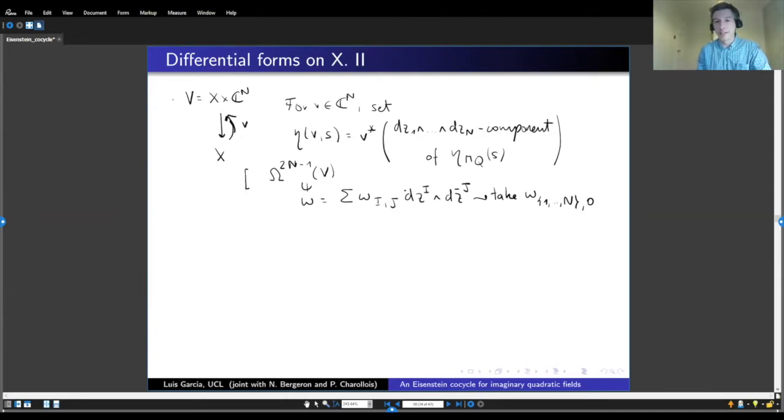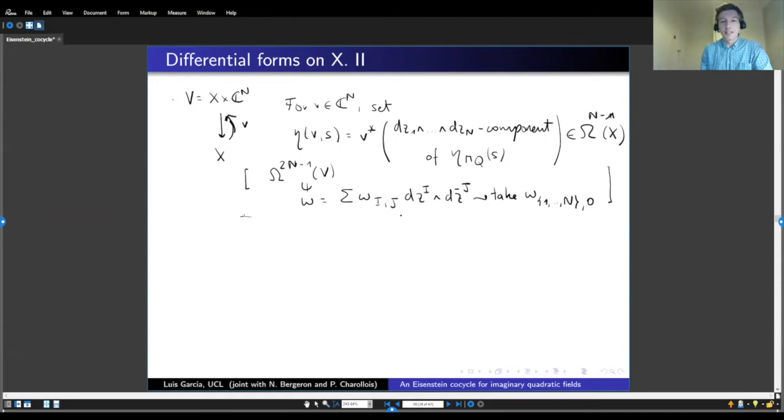So it's really the part that corresponds to the components in the vertical direction just being given by dz1 wedge dzn. And as a result, if you do that, you obtain an n-1 form on X.